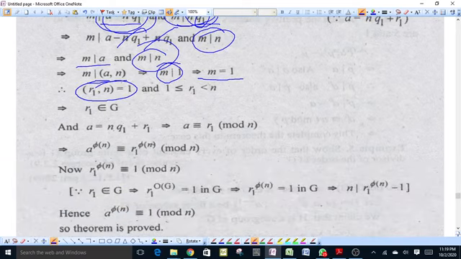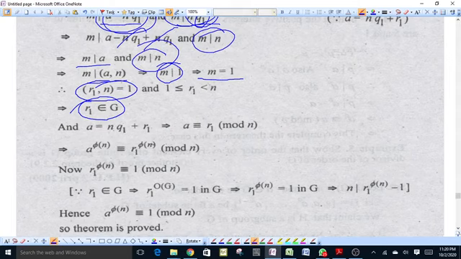If GCD of r1 and n is equal to 1, this means r1 belongs to G. Again, a is equal to n q1 plus r1, that implies a is congruent to r1 modulo n, that implies a raised to power phi n is congruent to r1 raised to power phi n modulo n.